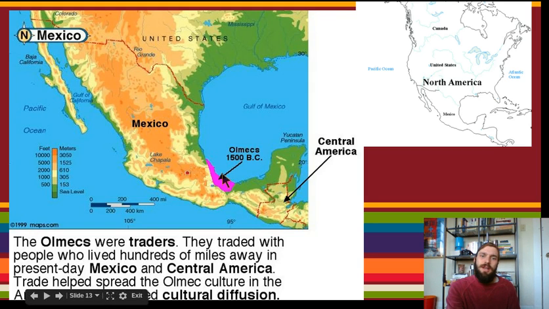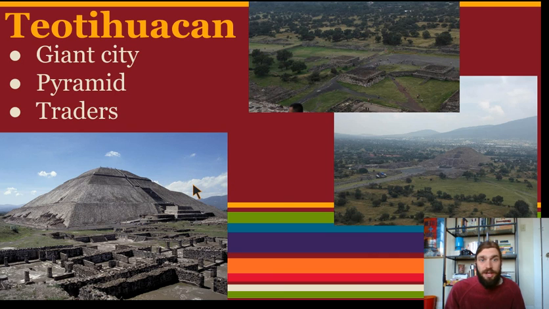So look at this area here, and then look at this little dot here, okay? This little dot is one of the areas that was influenced by Olmec culture. It is the city of Teotihuacan. Teotihuacan, okay? It is a giant city of about 100, 200,000. They were pyramid builders, and they were also traders, okay?